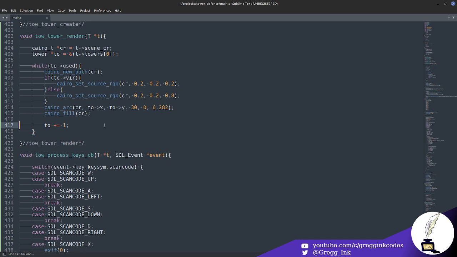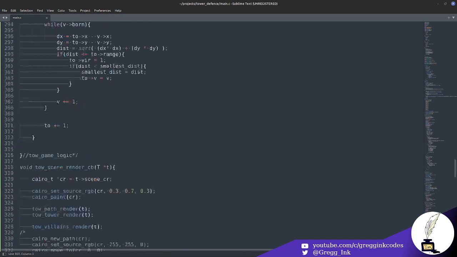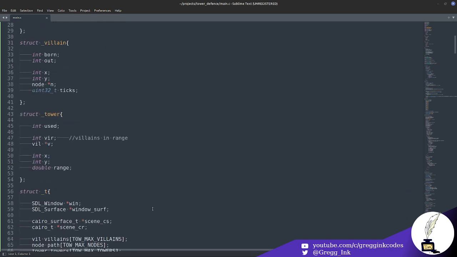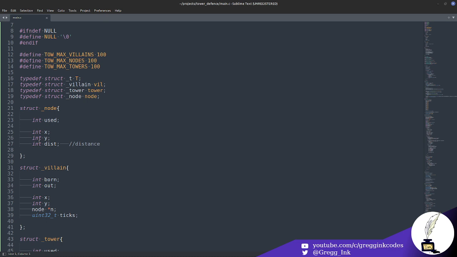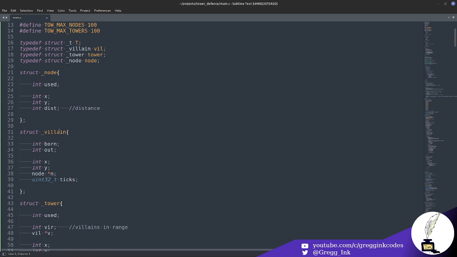Because okay, here is the thing. Am I gonna create a new struct called bullet? I probably will have to, right? I'm gonna have to create a new struct called bullet.